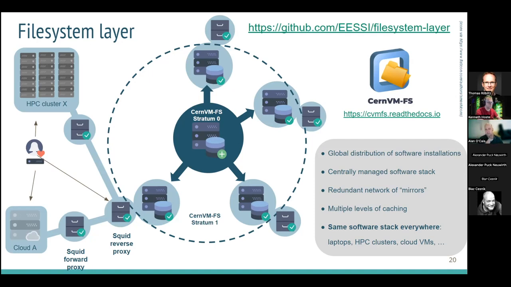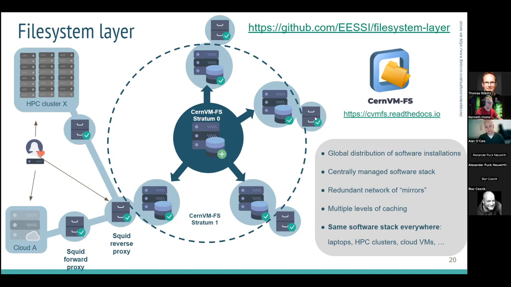The way it's done is through a network of mirrors. You have the main copy of the data and the software in what's called stratum 0, and then you have mirrors of that data in different locations, called stratum 1s. Each of these stratum 1s has a complete copy of the data that's stored in stratum 0.